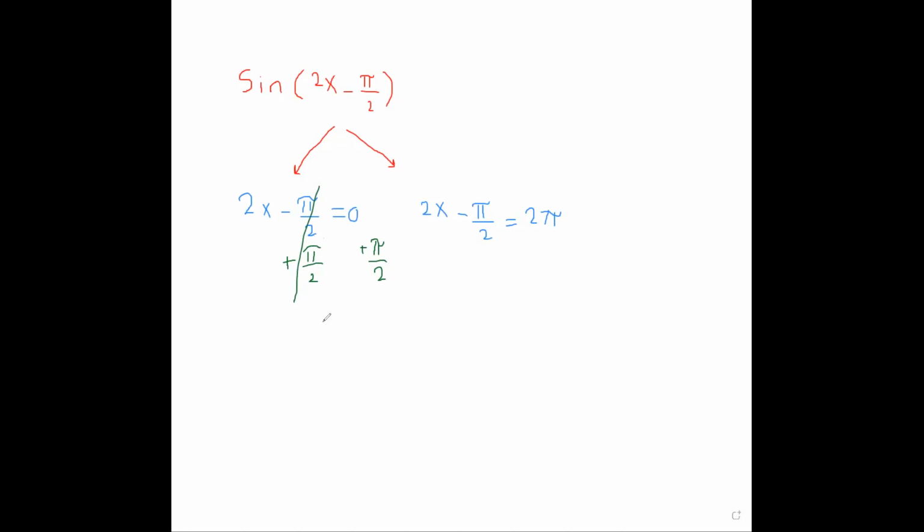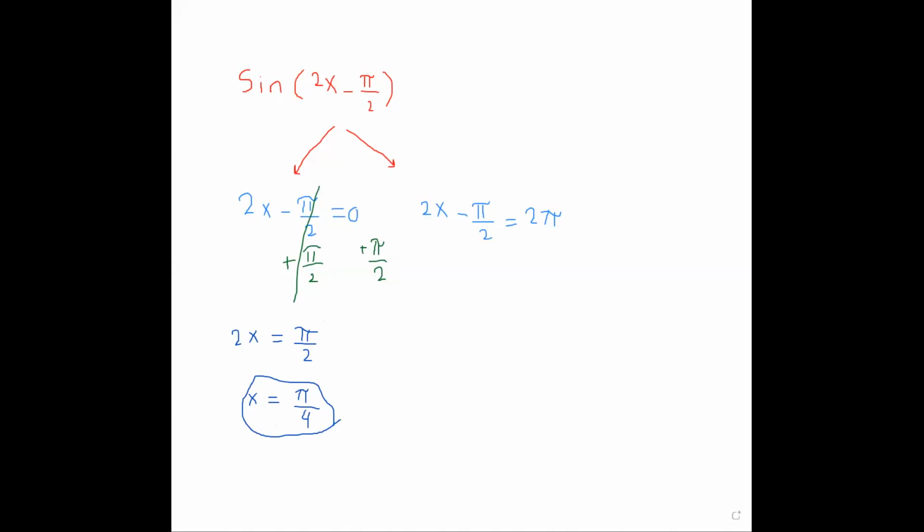So what are we going to have? We're going to have 2x equals pi over 2. Now divide everything by 2 to isolate your x. You're going to have x equals pi over 4. This is your lower limit.